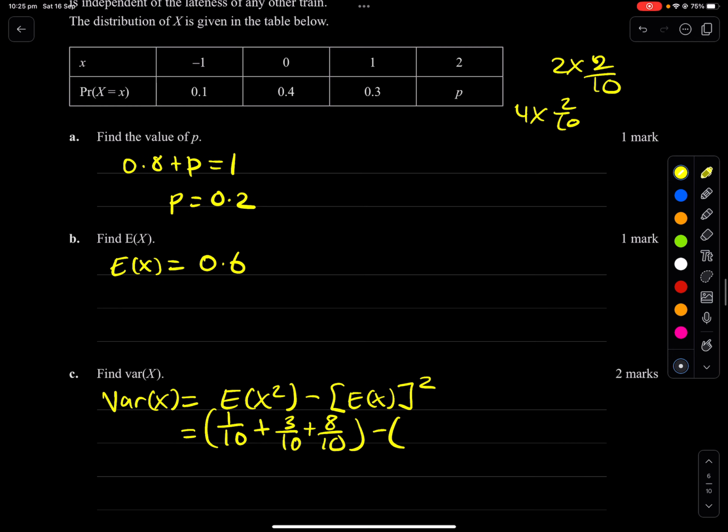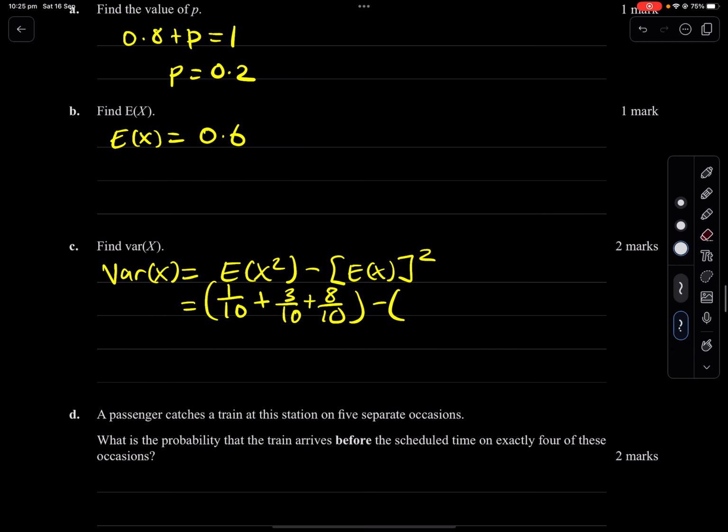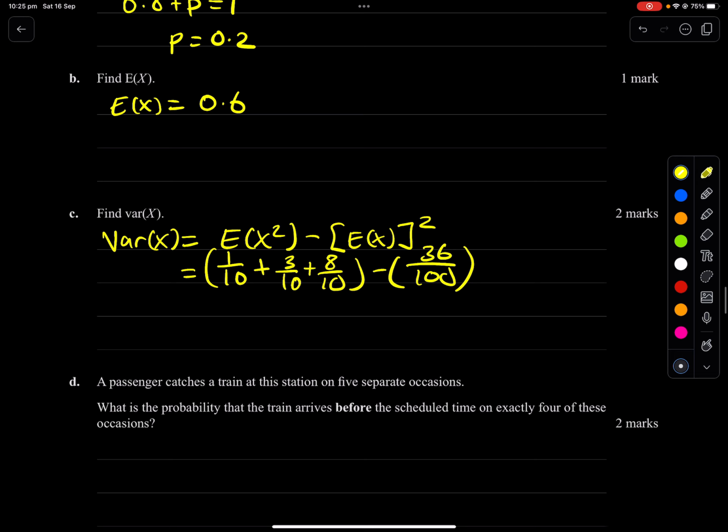Minus, okay, everything squared. So our expected value is 6 on 10. What's 6 on 10 squared? 36 on 100. So what's 8, 9, 10, 11, 12? So 12 on 10 minus 36 on 100, which is like saying 1.2 minus 0.36. Wait.